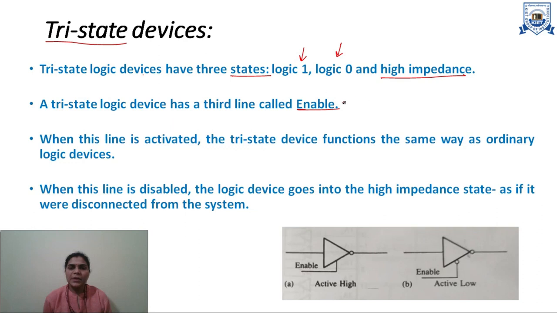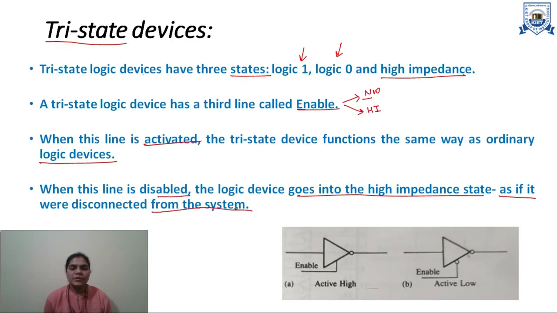The enable line makes the device work in its normal way. Otherwise, the device will be in high impedance state. When the enable line is active, the tri-state device functions the same way as an ordinary logic device. When the enable line is disabled, the logic device goes into the high impedance state, as if it were disconnected from the system.